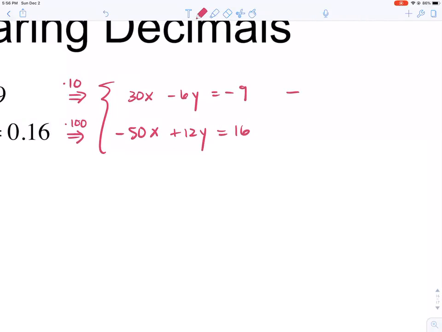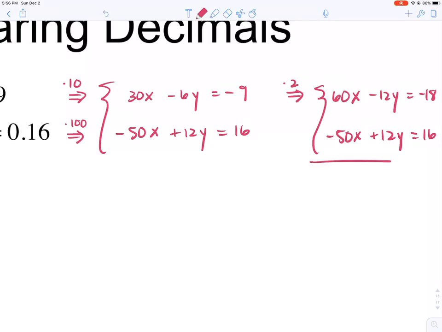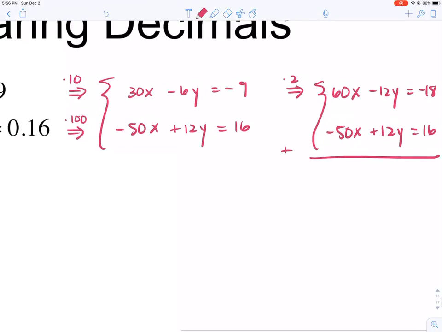And then I'm going to multiply the first equation by positive 2 to get the y's to have opposite coefficients. So 60x minus 12y equals negative 18. So 10x equals negative 2.